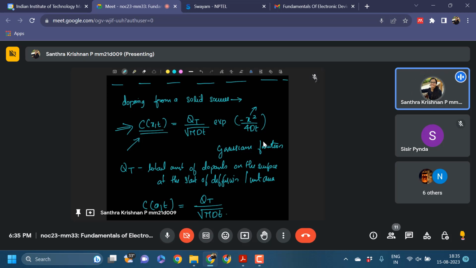That is, the number of P dopants will be equal to the number of N dopants. So Cx of t will be replaced by 10 power 16, and Qt is given to you. Time was also given. D you can calculate using D0 e raised to minus Ea by Kb into T. And once you have all the other values, the unknown x can be calculated. That is how we got 8 nanometers, right? 8.3, is it?